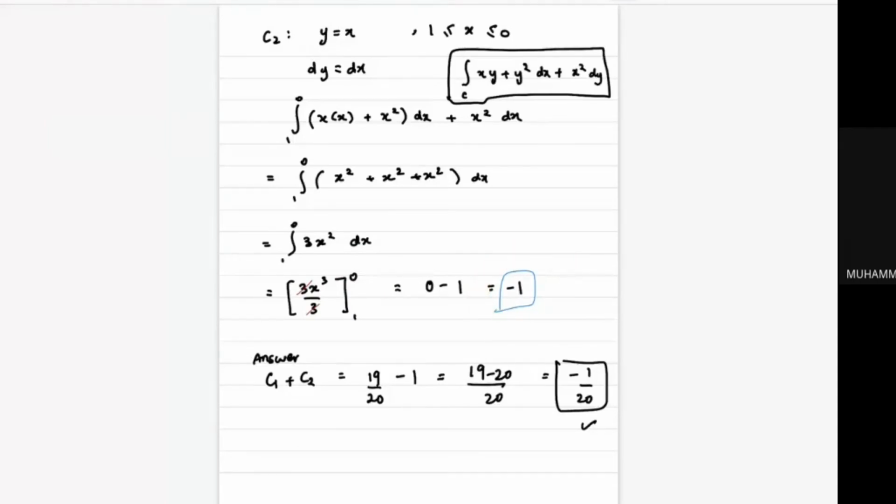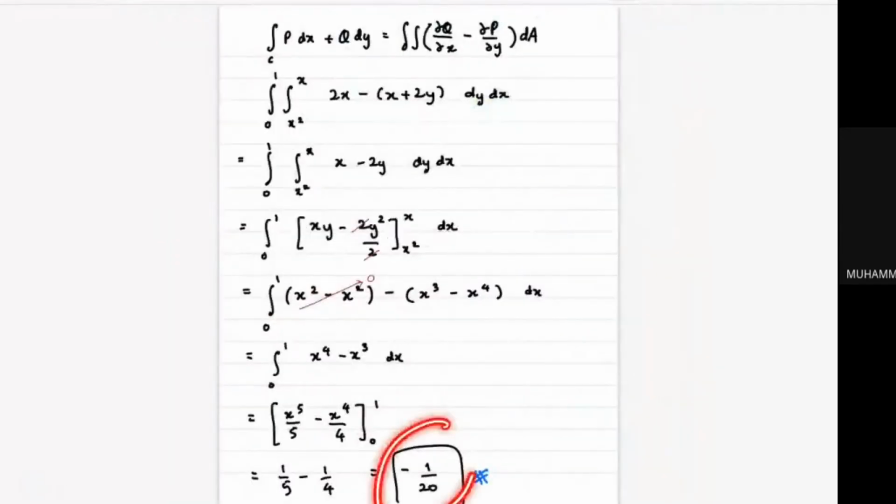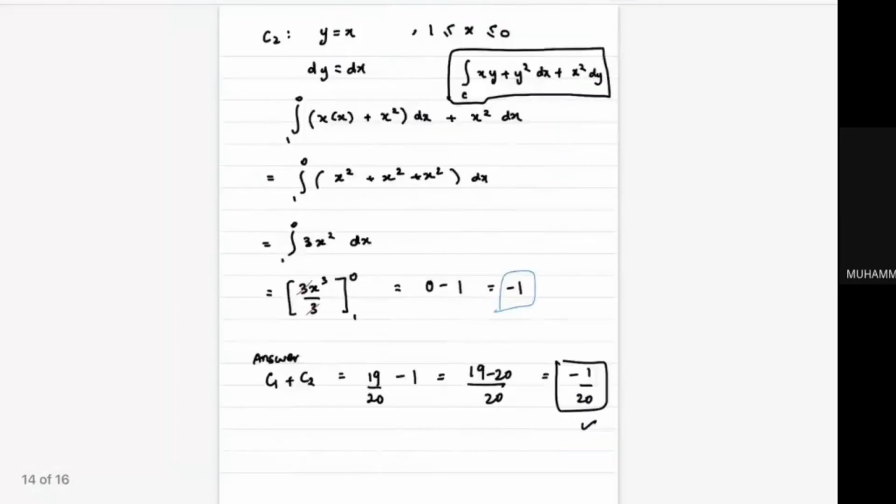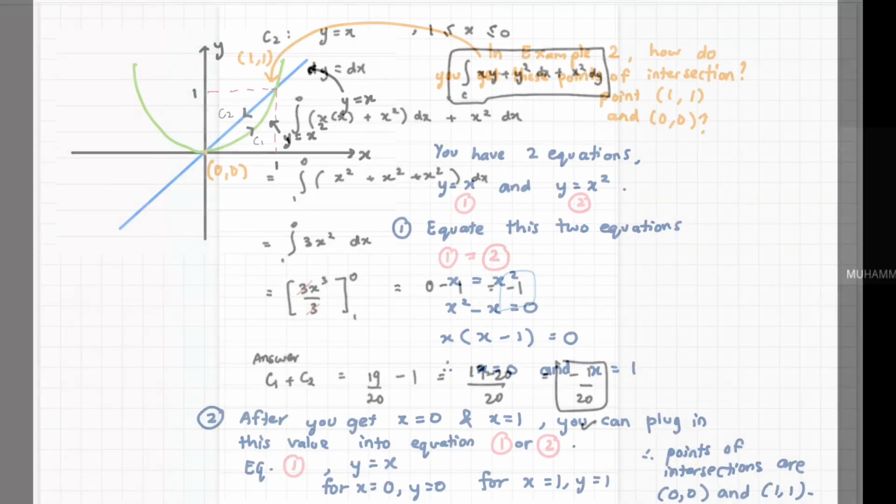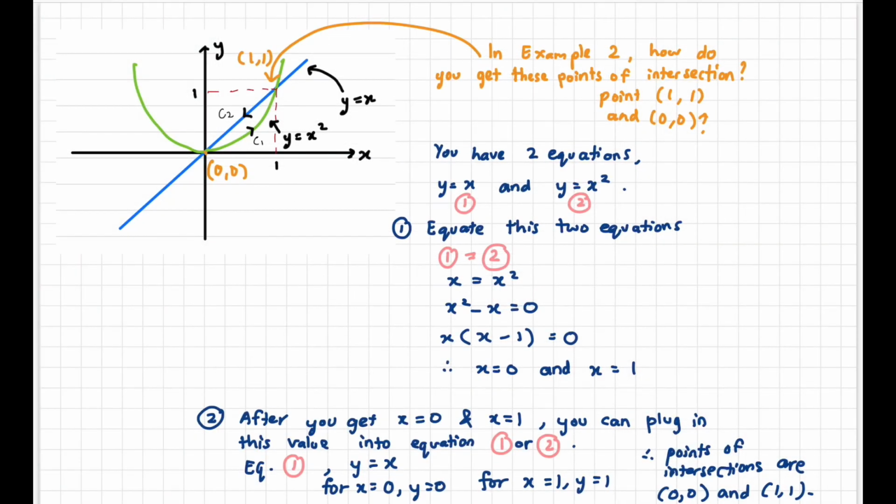So combine the answers for C1 and C2. 19 over 20 minus 1, you will get negative 1 over 20. This is your right hand side and this is your left hand side. So you just verify.